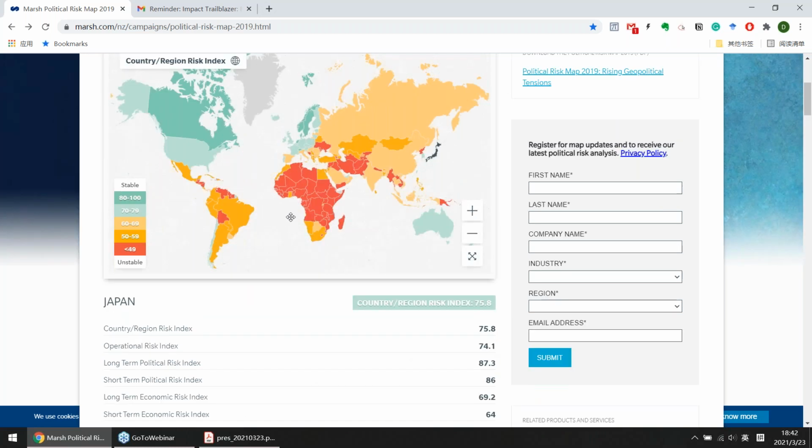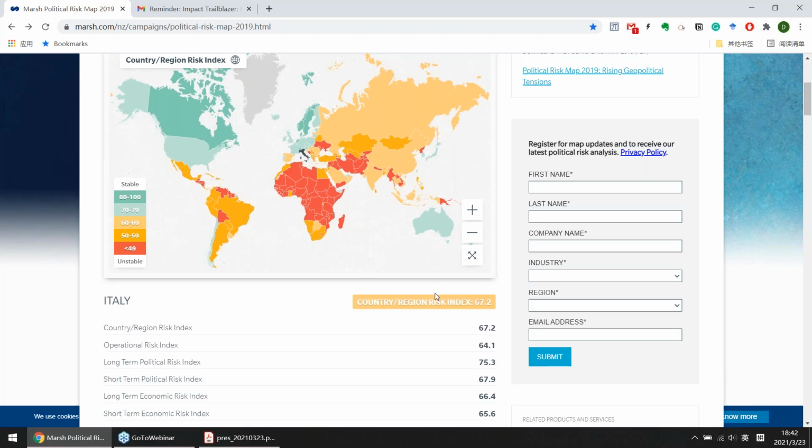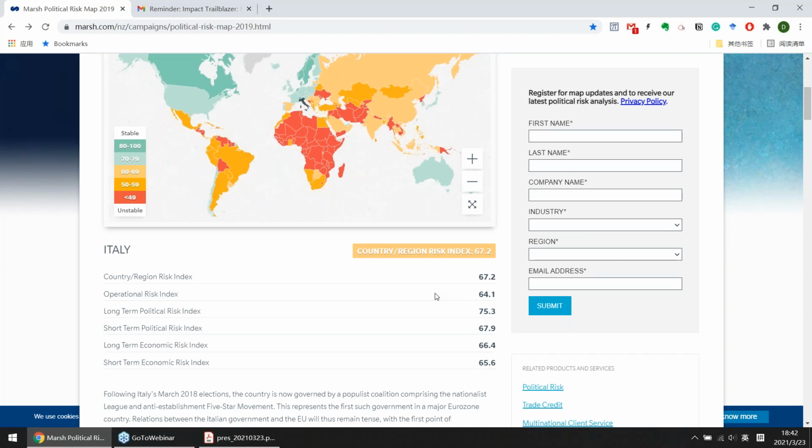Then, for example, Italy has an index lower than Japan, which means Italy is more risky than Japan. So we can link this to the economic risk. Of course, they cover a broader area, but anyway, it also shows some flavor of the regulatory industries.